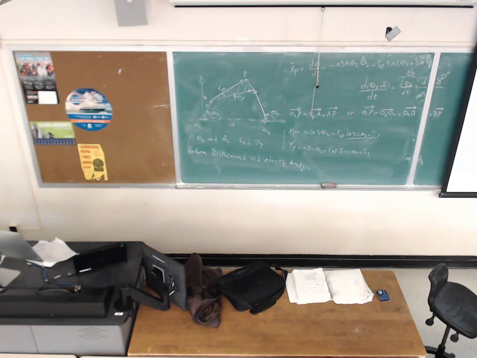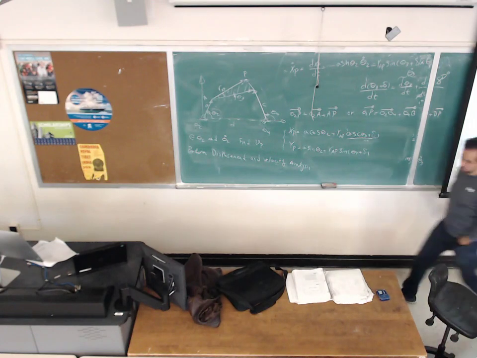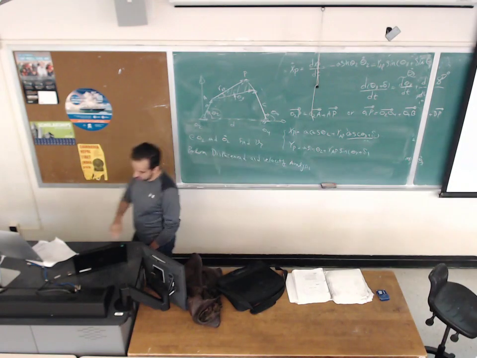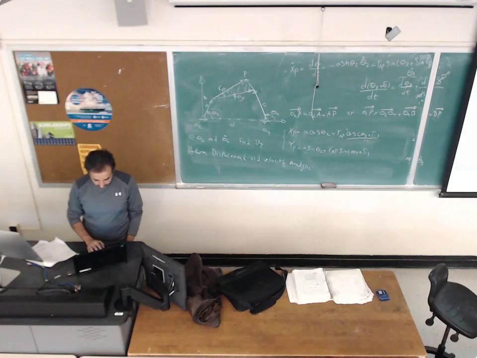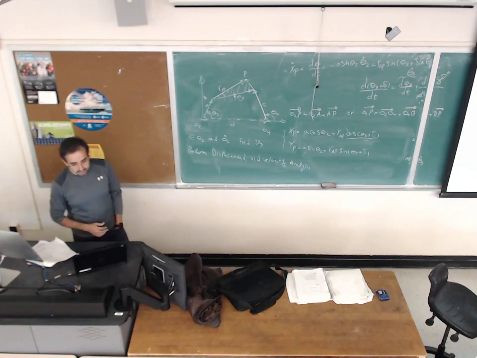So at which input angle is the transmission angle 90 degrees? And the second one, find the mechanical advantage of the mechanism at this position. And last problem, there were 3 problems.